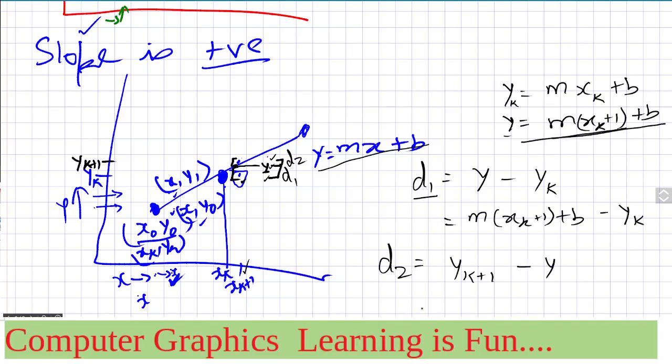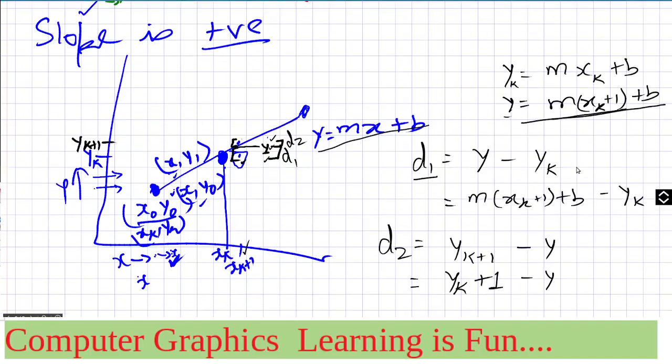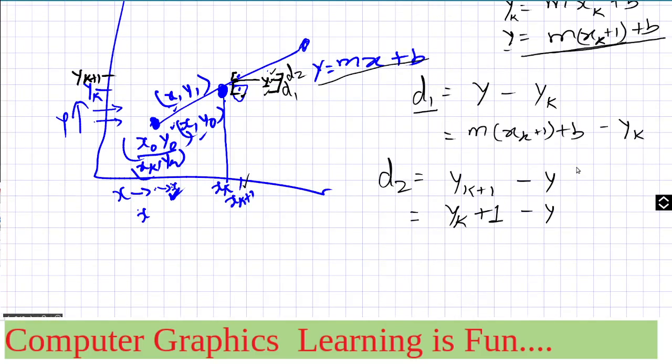Okay, so what is it? Yk plus 1, what will it be? I believe it is yk plus 1 minus y. Is it? Just 1 is increasing in y.